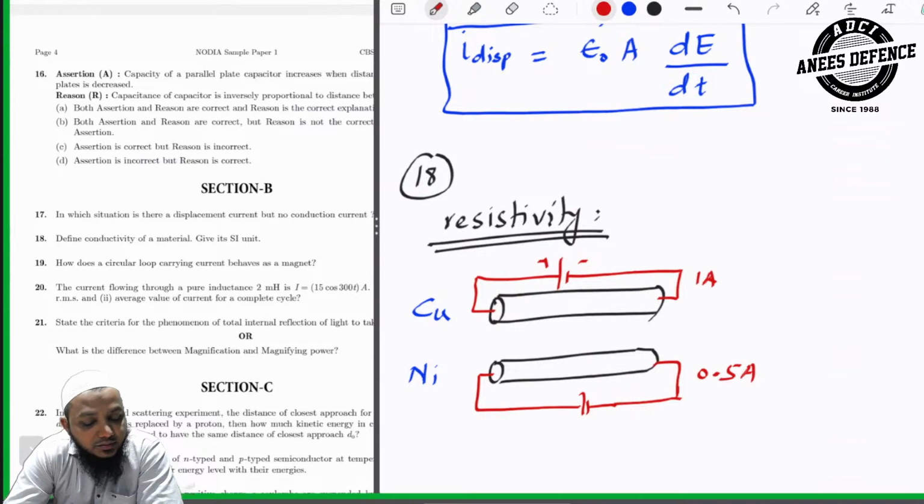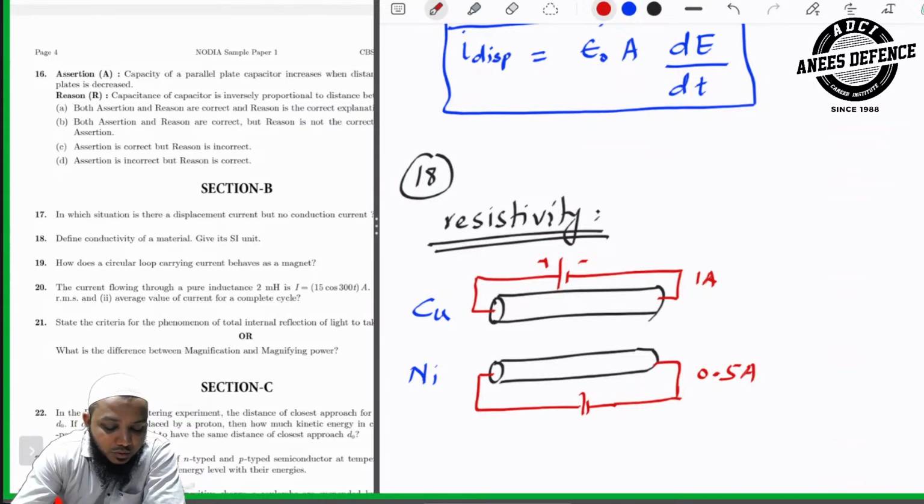Since the wires have the same length and same cross section area, just the difference is material, because of the change in material I notice that current has reduced. Why? Because copper has less resistivity, so more current is flowing, and nichrome has more resistivity, so less current is flowing.